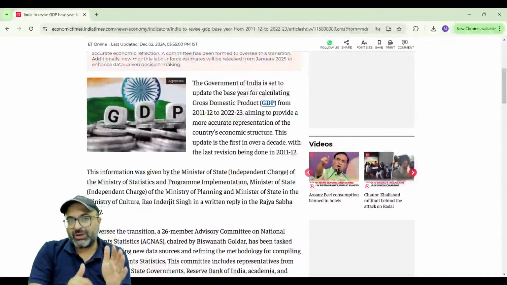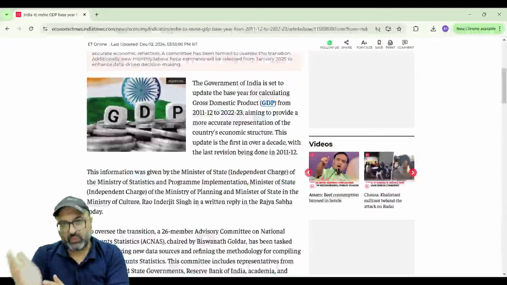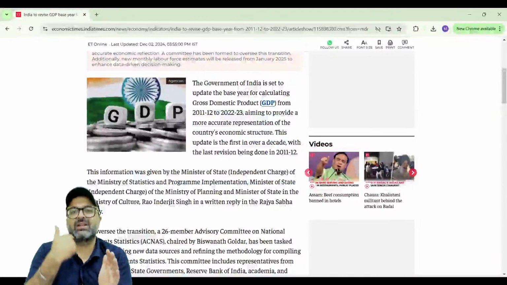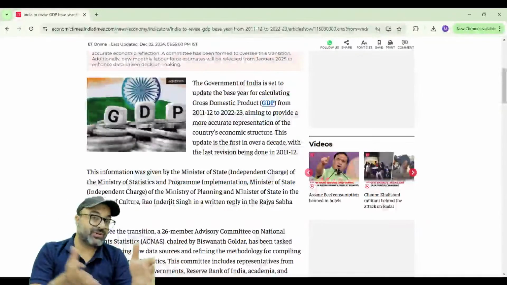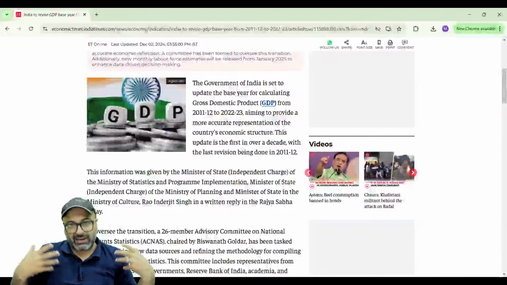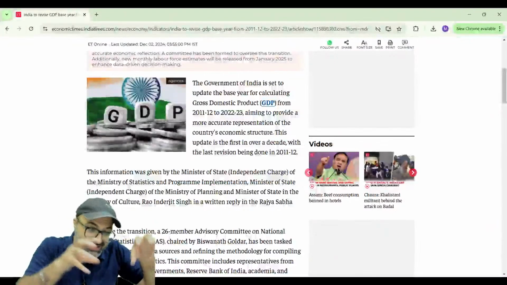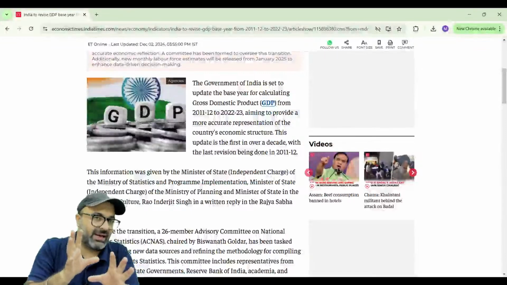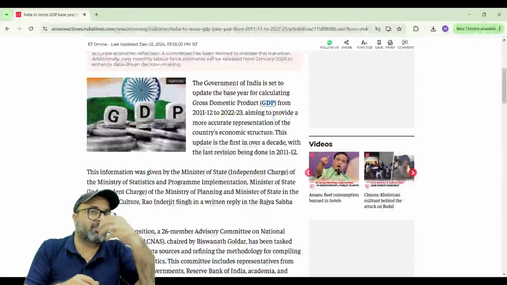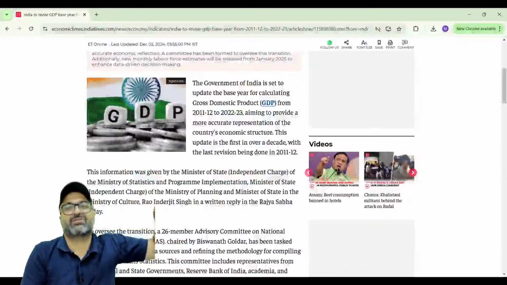In 2020 or 2021 we were expecting that the base year needed to be revised, but unfortunately the world was hit with COVID-19. Whenever a base year is decided, generally it is the most stable year in the last 5 years.